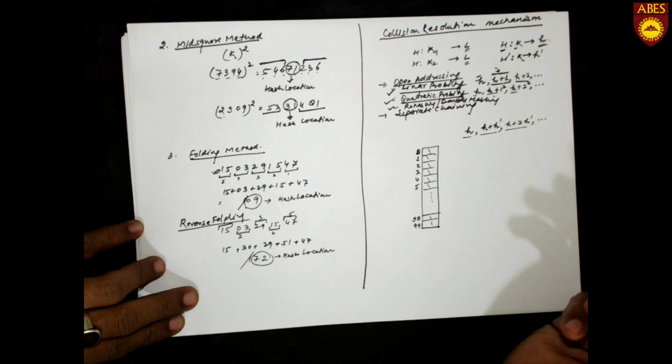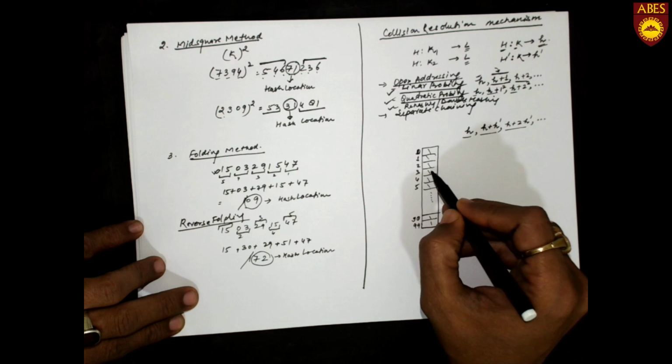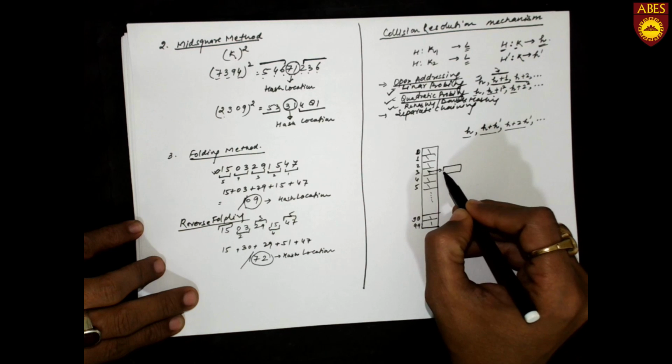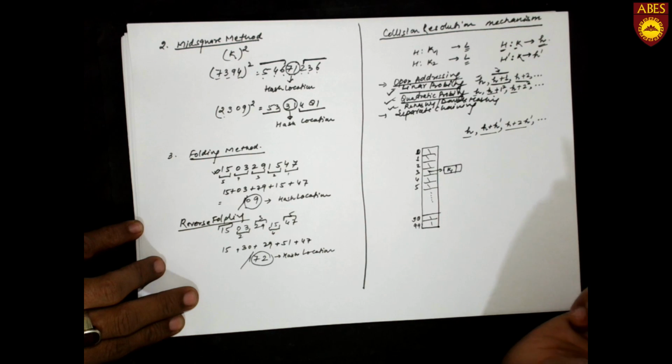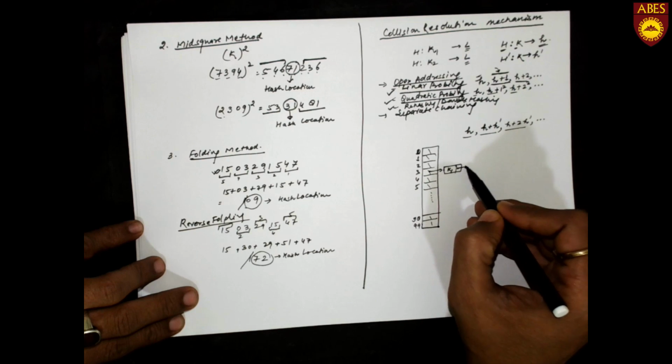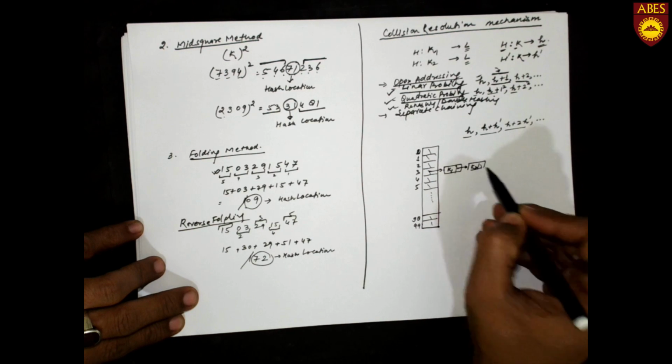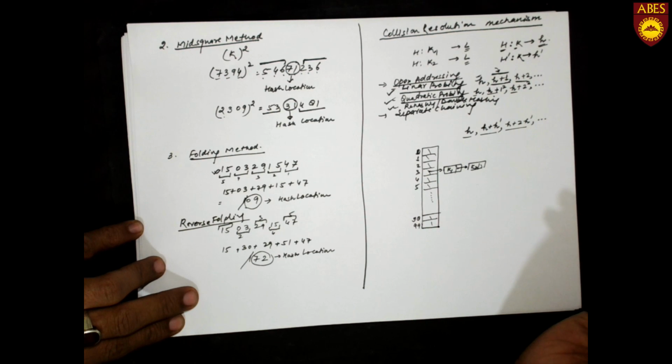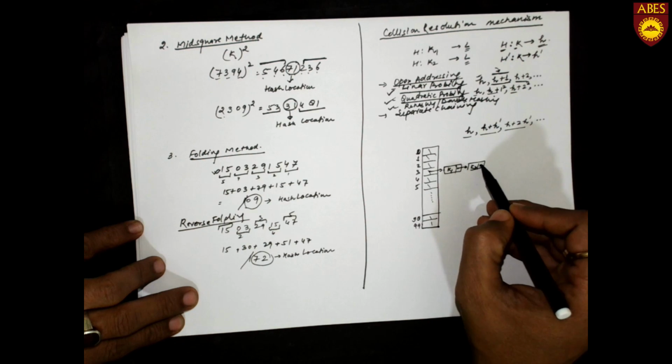If any key value has hash location 3, I will store the element here. If another element has the same hash location, I will store it next to it in the form of a chain, that means in the form of linked list nodes. If you have another element, we will store it here.